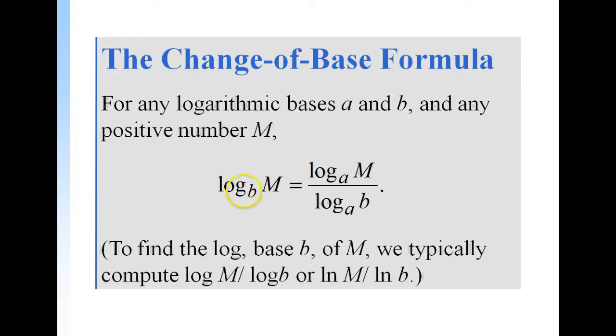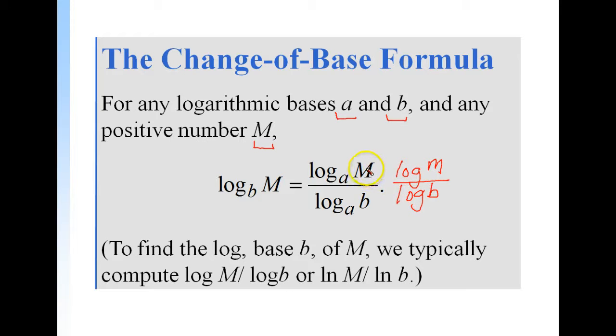Now the key in using this, and this should be copied into your notes, is to designate what is A, what is B, and what is M. So if we know what these letters are, A, B, and M, we just put it in this formula, and basically, as I showed in the other, a shortcut would be log of M divided by log of B.